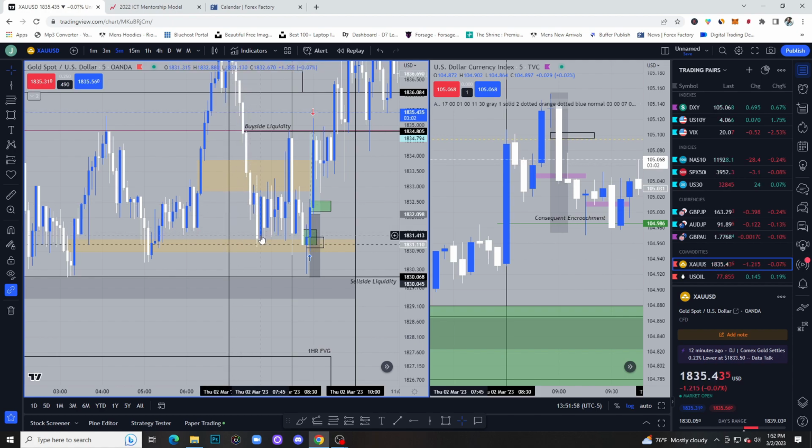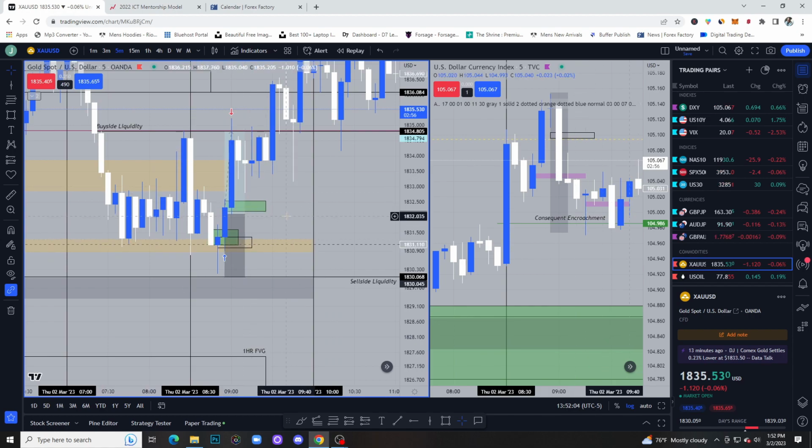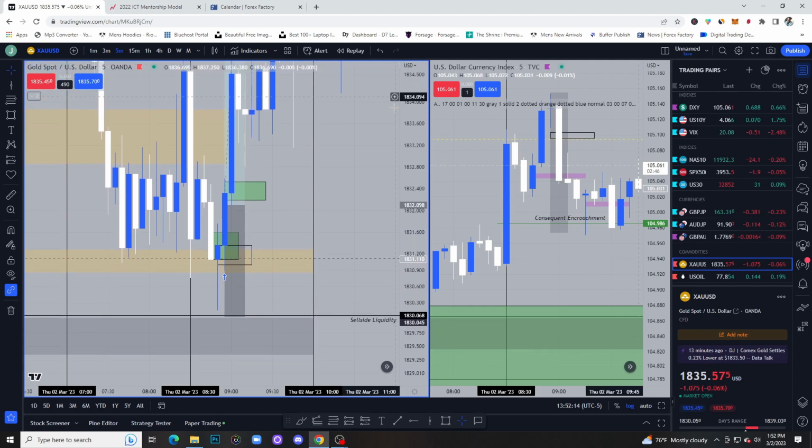But every candle after that just came and wicked, came and wicked, came and wicked. There never was a close below. So this tells me this level has so much respect. This is a key level, which is also why I have it marked as a little golden zone right here.